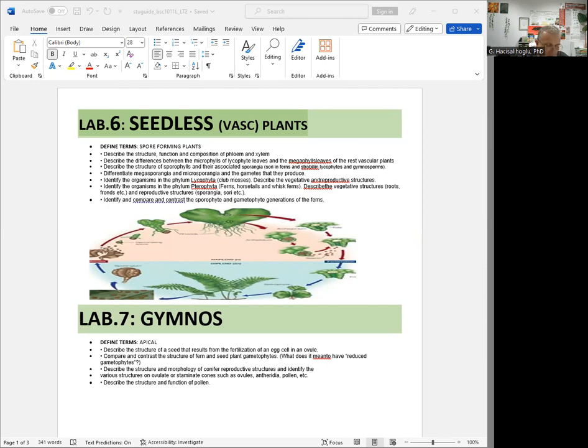Then we have ferns and fern allies, still under lab number 6. Ferns are a big group of plants, and they actually have more than 1,200 species listed. The ferns are the first phylum, which is Pteridophyta.